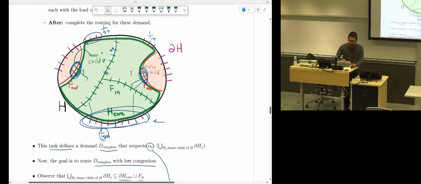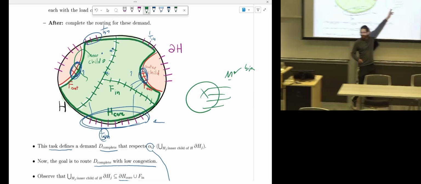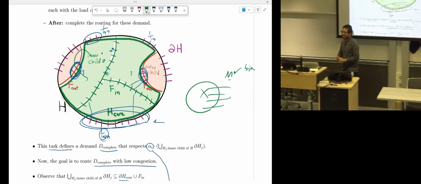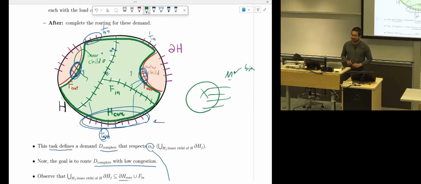As long as you have some expander here, and this is not quite a matching but a bipartite graph that respects the degree of x, then that just generalizes what you did in the homework. Yeah, that's basically what I was asking.